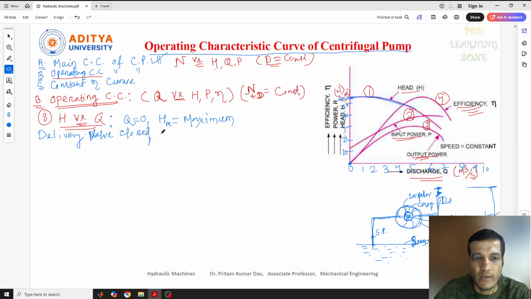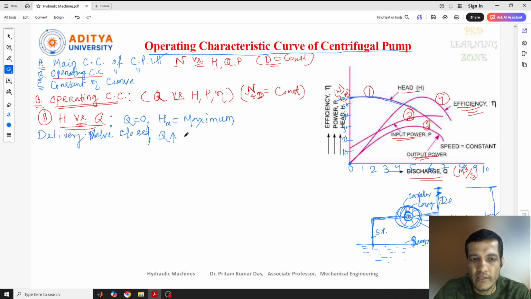When the discharge is in increasing mode, the liquid starts flowing from the suction to the delivery. It comes to the impeller, goes through the casing, then goes to the delivery pipe.